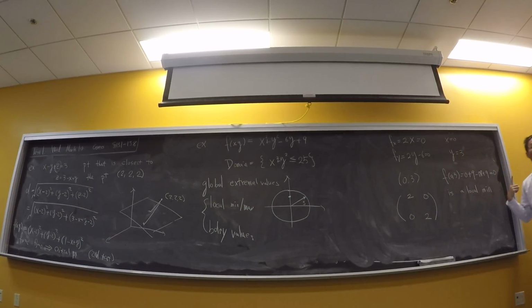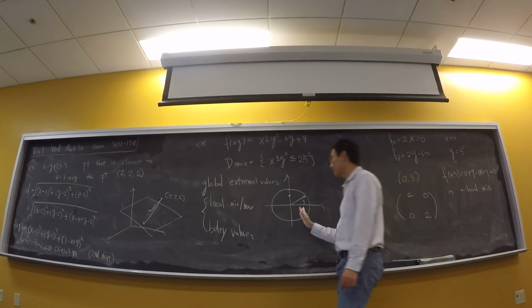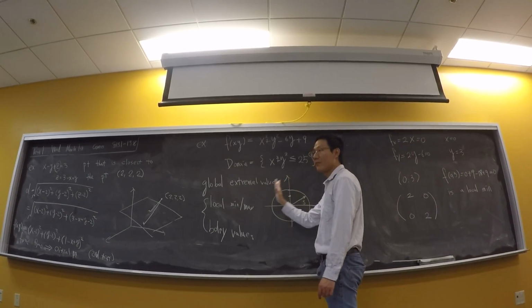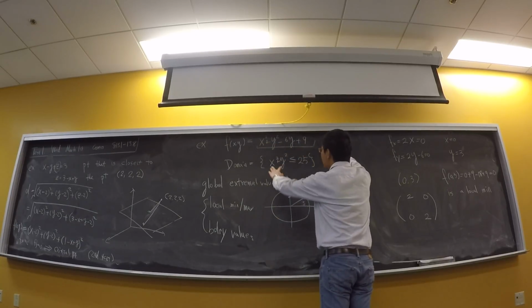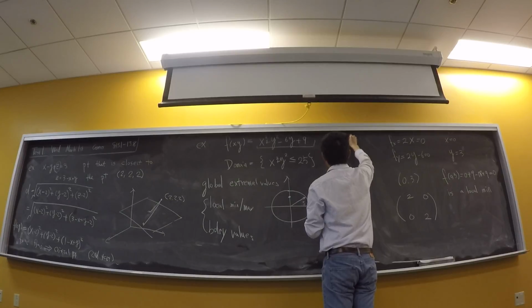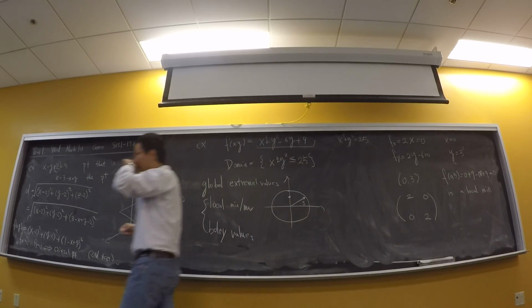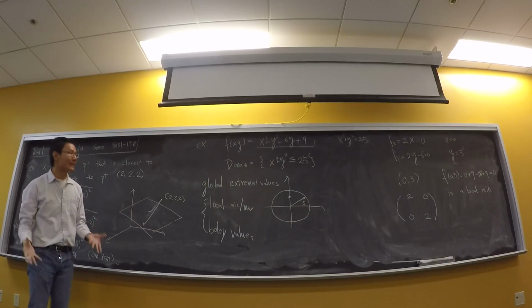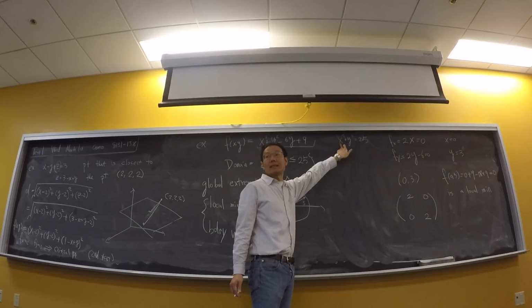But I do not know whether this 0 is a global minimum yet. In order to do that, I need to find the function value on the boundary. The function value on the boundary is this function with the restriction x squared plus y squared is equal to 25. So on the boundary, I can immediately eliminate one variable, x.